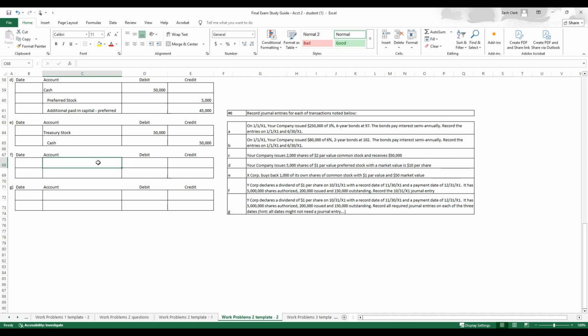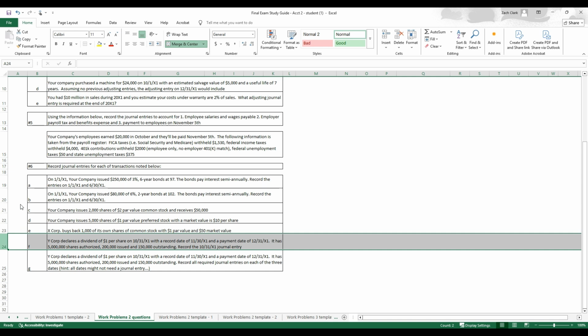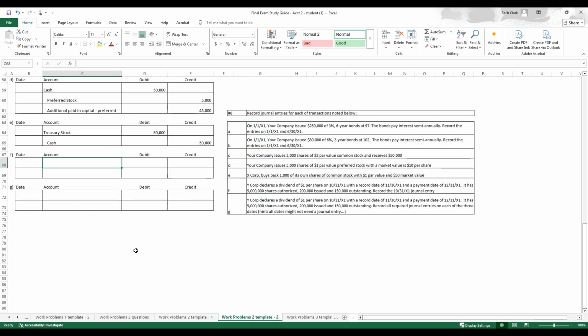Okay, F says we declared a dividend of... Actually, as I'm looking at this one as well, I apologize for doing a little cleanup, but this is the same problem essentially. I just realized later when I was looking at this, so I'm going to fix that. You shouldn't have that problem here.